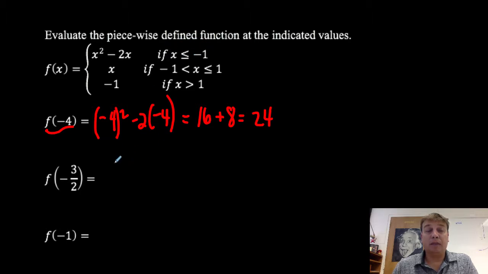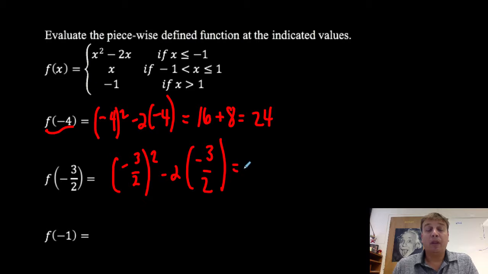So substitute -3/2, again with parentheses: -3/2 squared minus 2 times -3/2. -3/2 squared is going to be 9/4. And then when we multiply here, I'm going to get a positive value. The 2's will cross each other out because I've got a 2 in the numerator and a 2 in the denominator. So I'm left with plus 3.